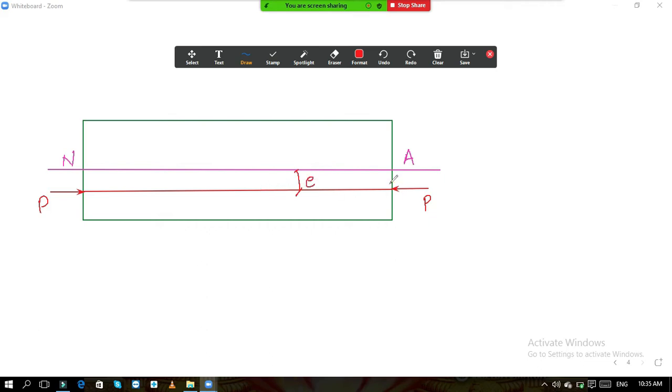So this is the line of the tendon, where the stressing force is acting, in the strength concept. In the strength concept, this stressing force is generally applied on the tendon.